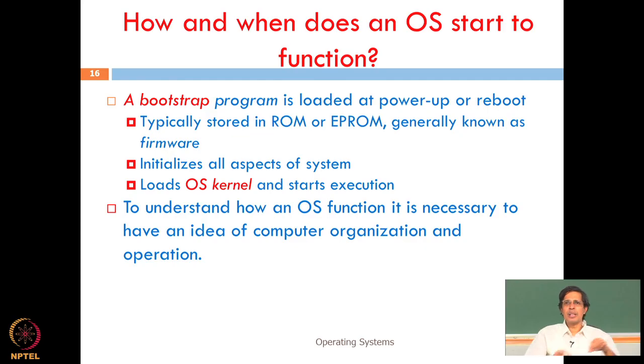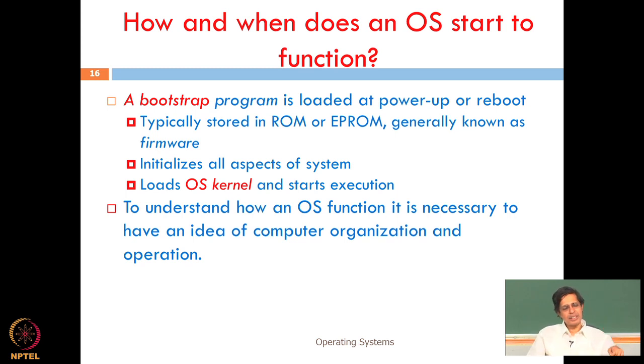The firmware will go and look for a bootable disk or bootable device. In the first sector or the first block of the bootable device there is a program stored, and it will load that program and start executing it. That first program is called the bootstrap program, and it will further load the OS kernel and give it control.